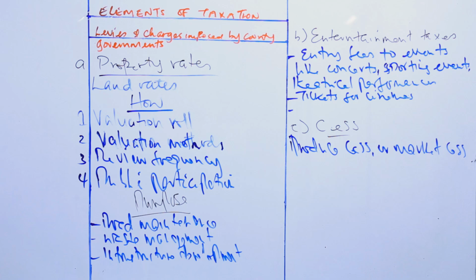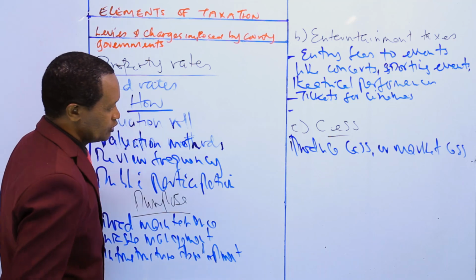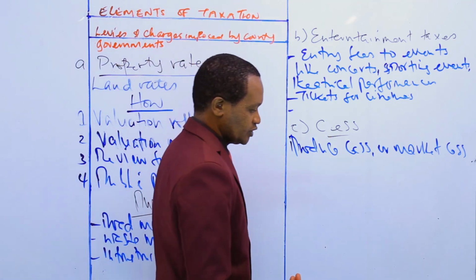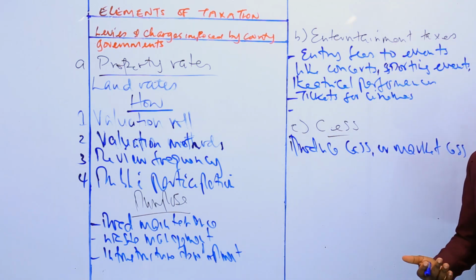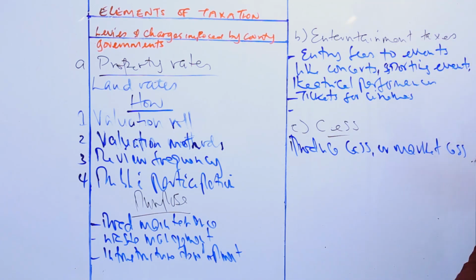Cess can be collected at the source of production, during transportation at designated collection points, which can include national government roads or even market entry points. So cess is a tax or charge levied on products or commodities, particularly when they are crossing county borders.